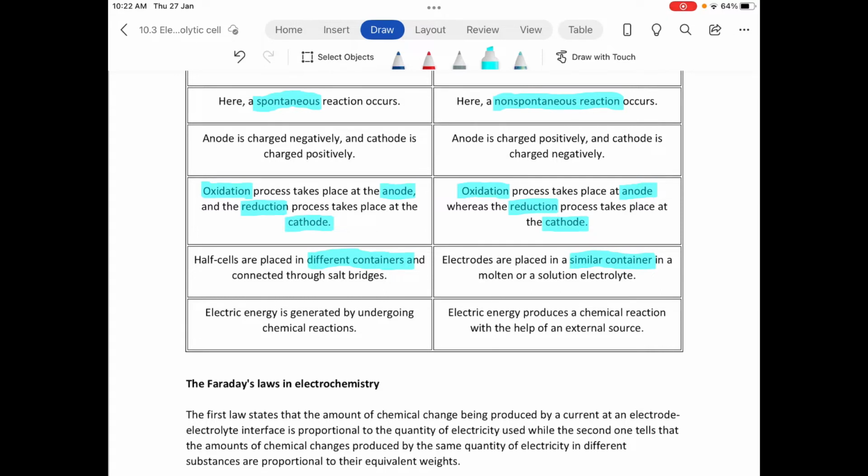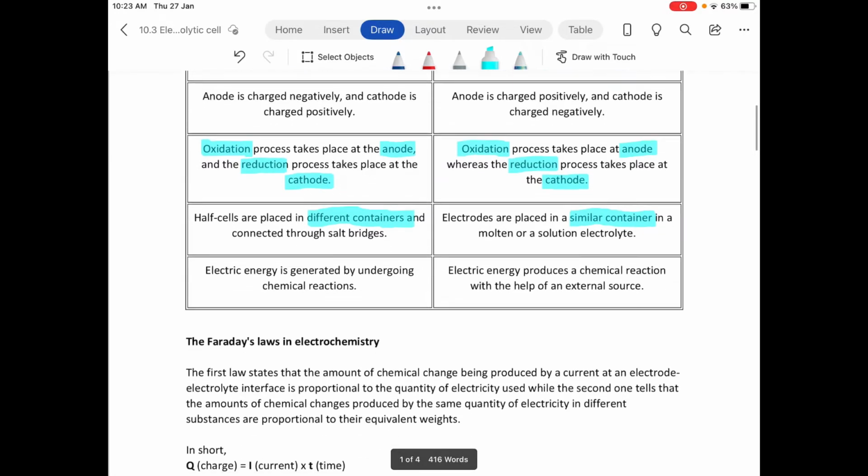The reaction in galvanic cell produces electrical energy, but for electrolytic cell, electrical energy produces the chemical reaction. It is reversed. We need electrical energy to produce the chemical reaction.